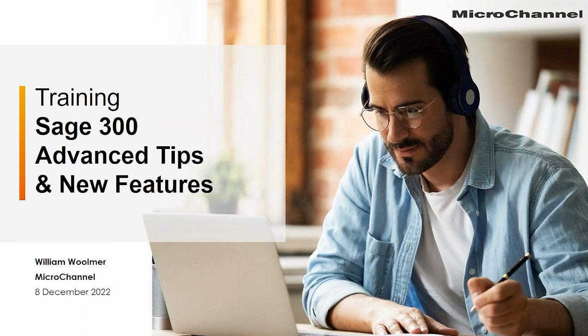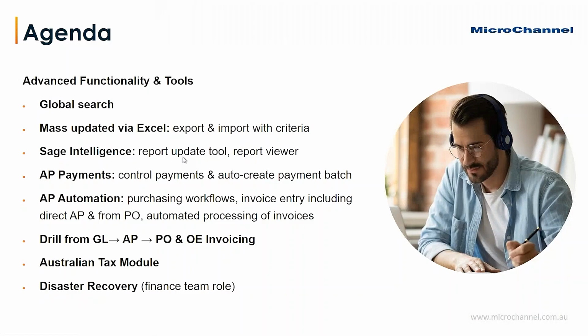Okay, on to it. So these are the areas that I'll be touching on today when I go through it. So the global search feature, which has been in Sage for a while. We'll look at some Excel outs and ins inside Sage and also the internal reporter for Sage Intelligence. Discuss some of the standard payment functionality in Sage, which we find underused in some areas.